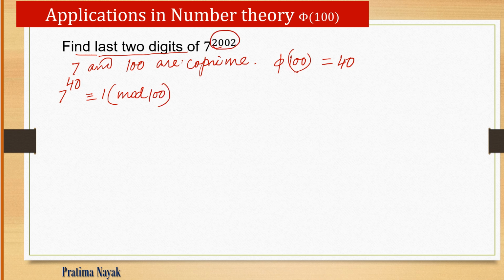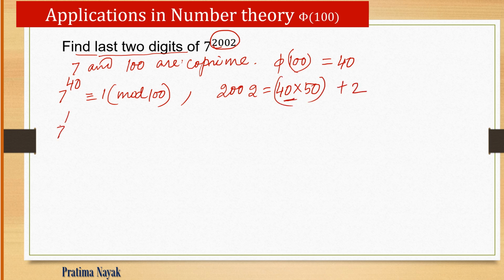2002 I will convert in terms of 40. 2002 can be written as 40 multiplied by 50 plus 2. So I need a multiple of 40.